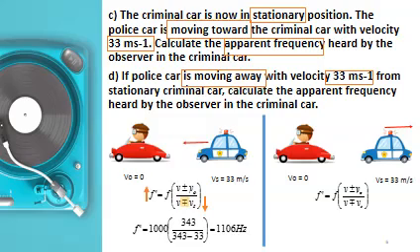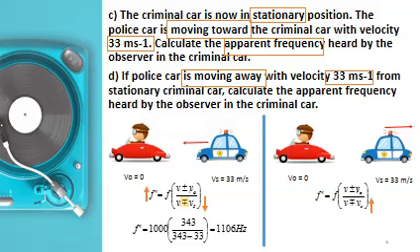Next, for D, if the police car is moving away, which means the source is moving away, and the observer remains static, we're going to use the same equation. v naught is equal to 0. v observer is equal to 0. Because the source is moving away, of course, the observer will hear a lower frequency.